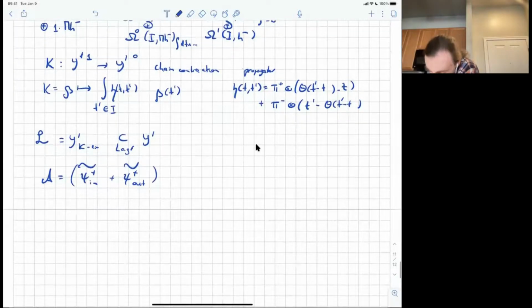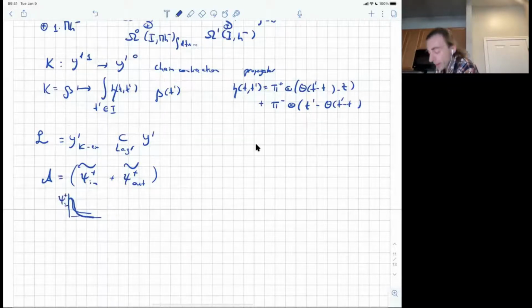In fact, I want this extension to be concentrated close to the boundary. So psi plus twiddle should be an extension by a bump function close to the boundary of psi plus. And in fact, I need to take the limit of the support of this extension going closer and closer to the boundary.